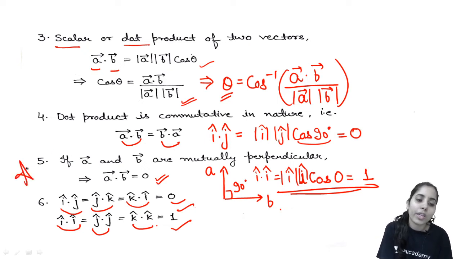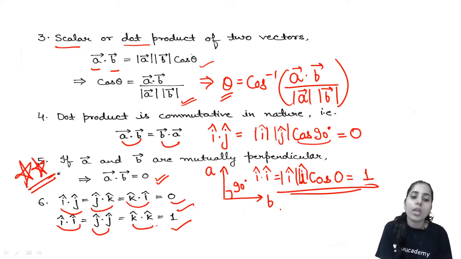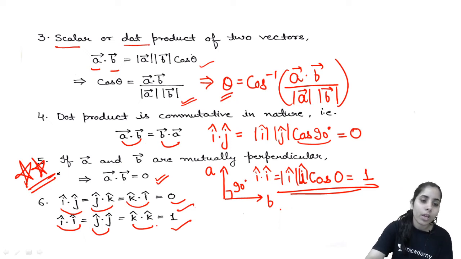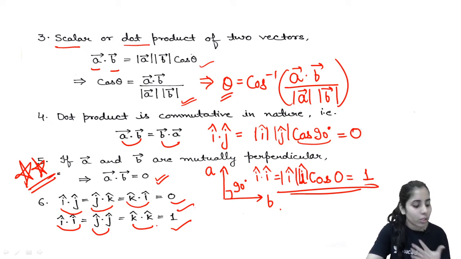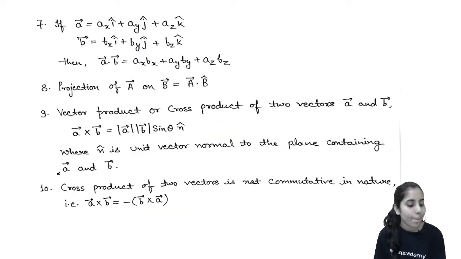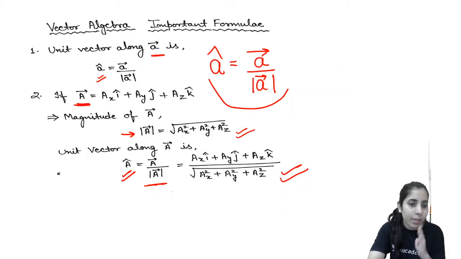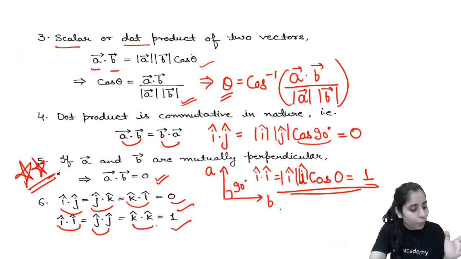This condition is very important. If any two vectors are mutually perpendicular, what condition will they satisfy? It's important. Till now in this discussion, a very much expected type of question will be from this mutually perpendicular one.